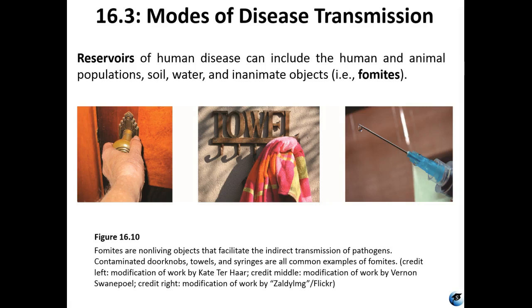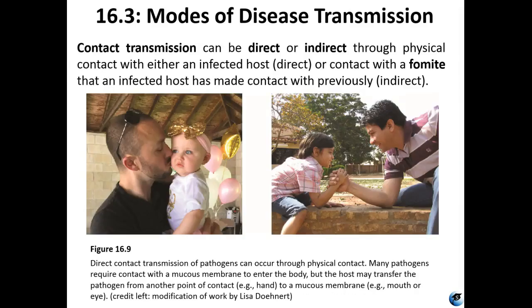Your kitchen sponge is disgusting. And then of course things like syringes and other different things that are handled on a regular basis. These are all examples of fomites. Then of course you have contact transmission. Contact transmission is a classification, so it could be either direct contact or indirect contact.